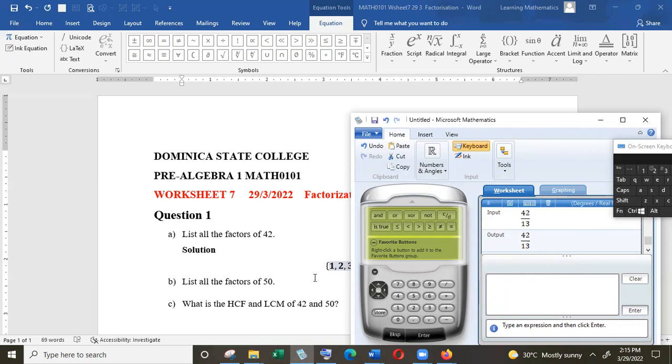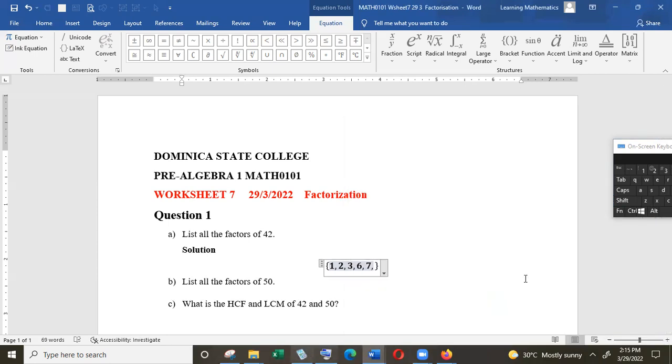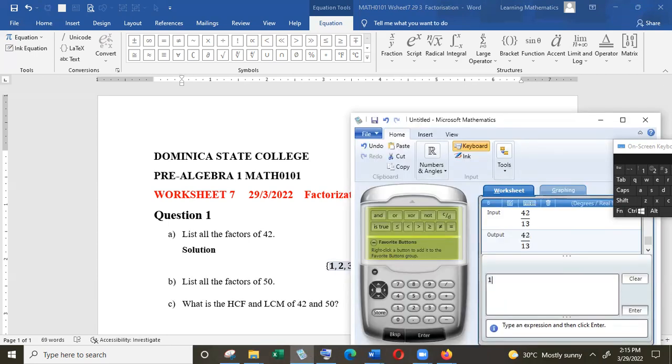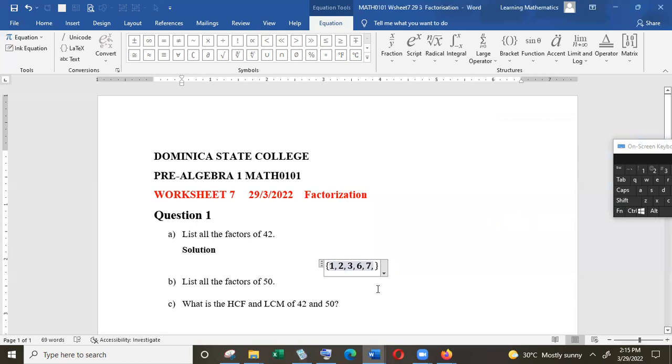All right, what about 14? 3 times 14, so we have 14. And after 14, we have 21, and then 42.